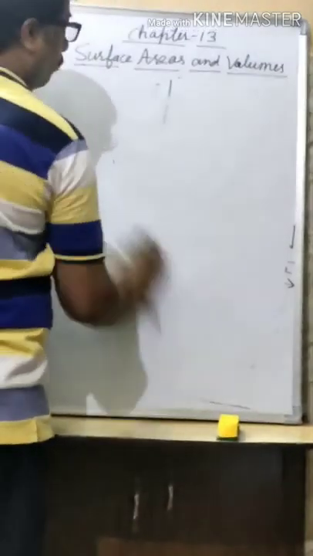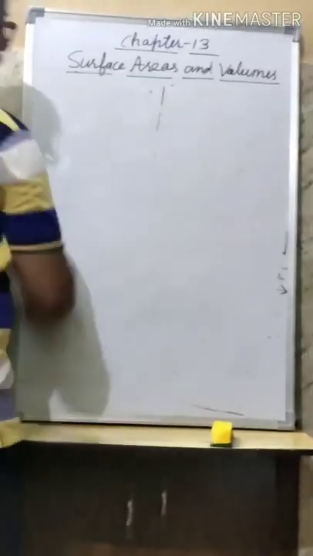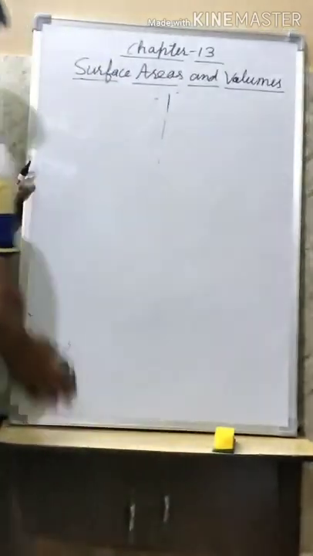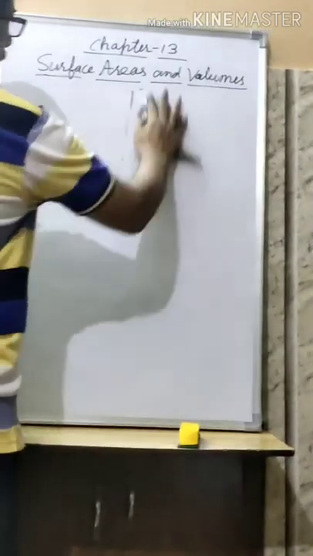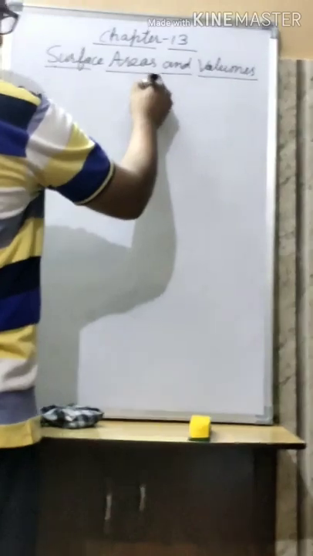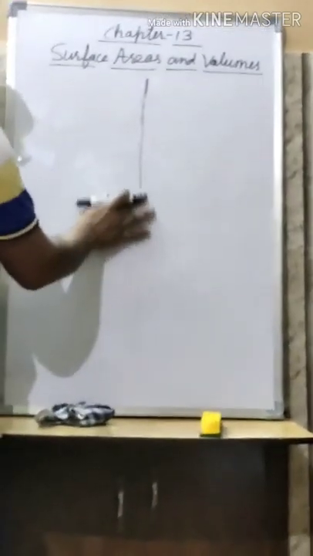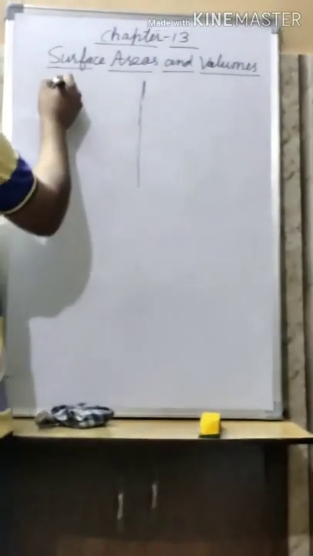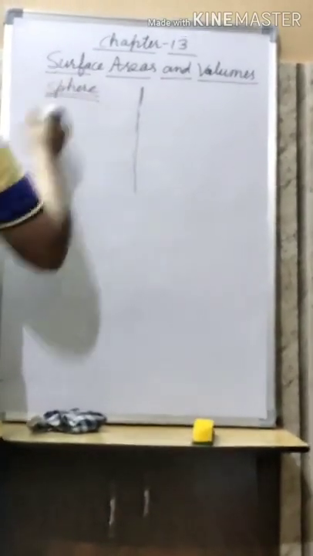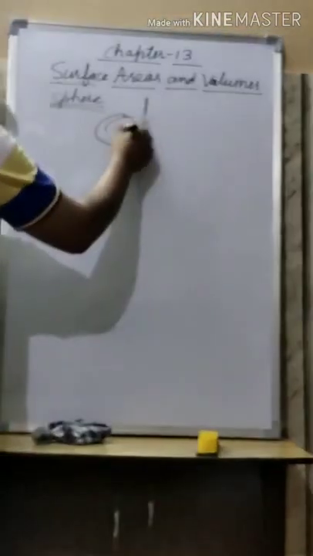Sphere, the name says it is a solid. It is having weight, it means a solid object is there. A circular object is there, so it is called a sphere. So circular and solid, that is called a sphere.